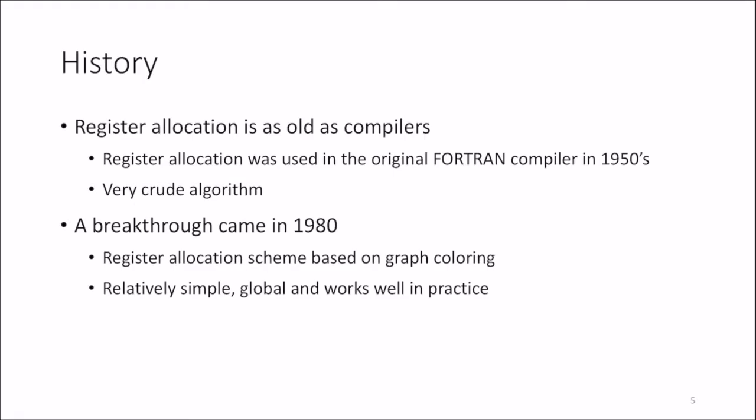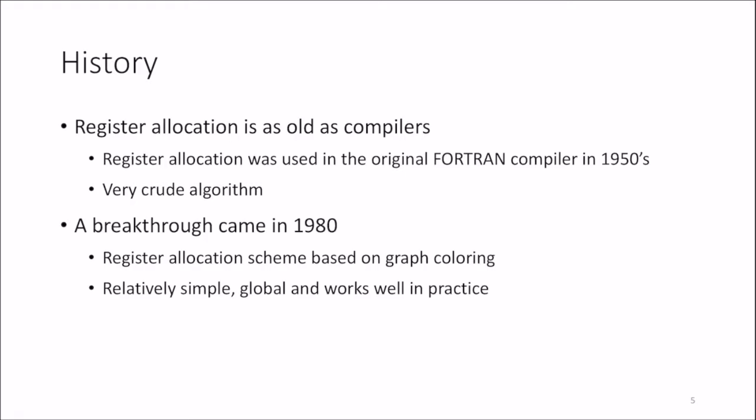The main breakthrough came in the early 80s, where people reduced the problem of register allocation to the problem of graph coloring, which was being increasingly studied algorithmically at the time. This reduction of register allocation to a well-known problem led to many efficient algorithms and also an understanding of why register allocation is difficult. And we'll look at why register allocation can be reduced to graph coloring in a few slides.